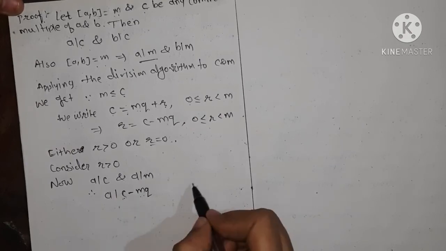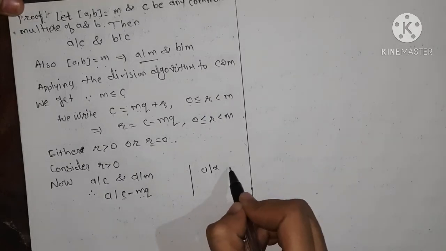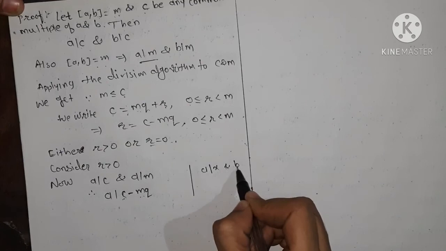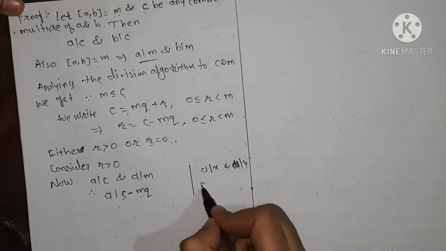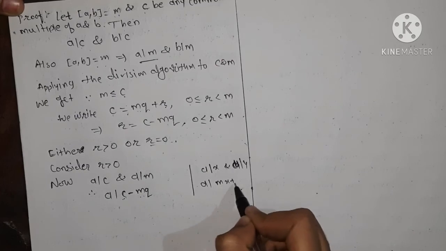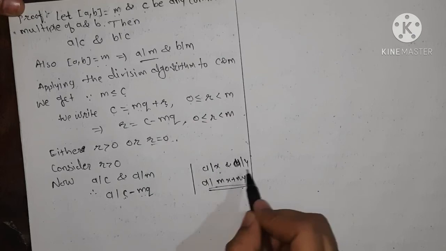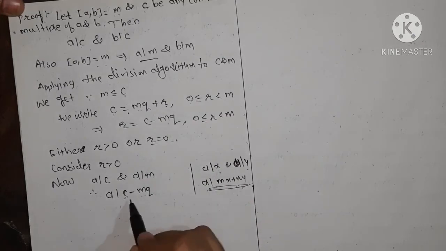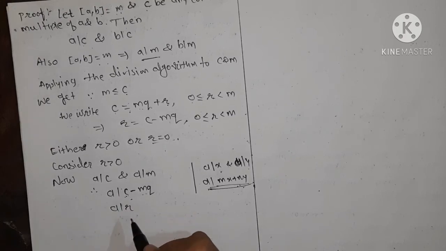Okay, that is, we use the property that if a divides x and a divides y, then a divides mx plus ny. That is, we take the linear combination of x and y. So we use this property here. So a divides c minus mq, which is equal to r. So a divides r.